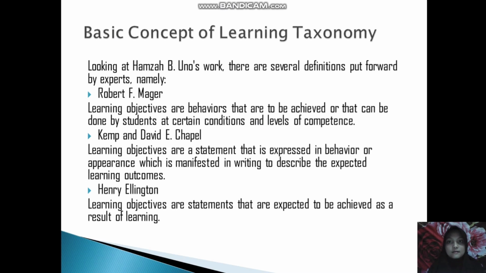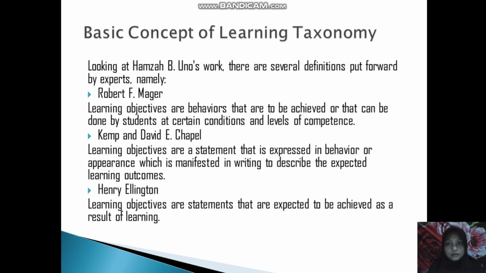Looking at Hamzah Bino's work, there are several definitions put forward by experts. Number 1, Robert F. Mager: learning objectives are behaviors that are to be achieved or that can be done by students at certain conditions and levels of competence.